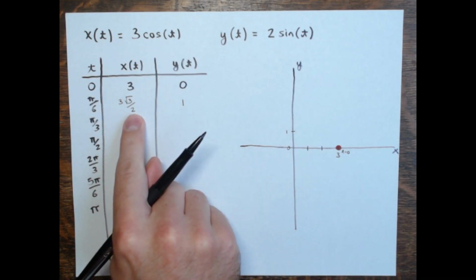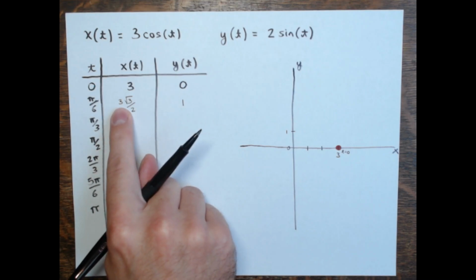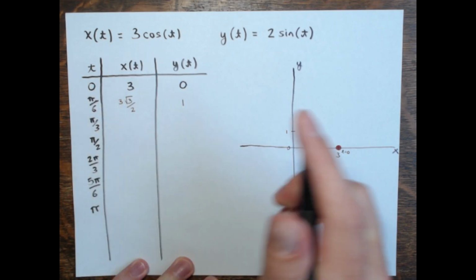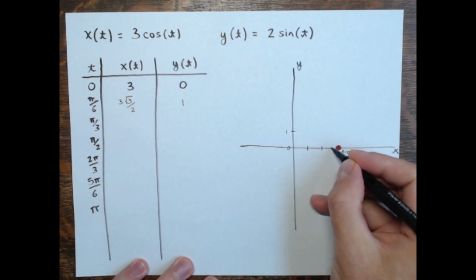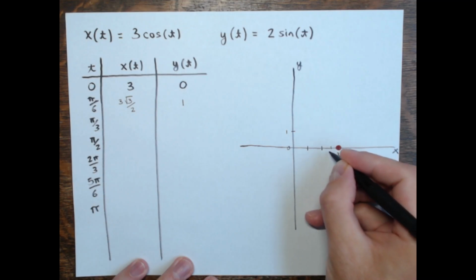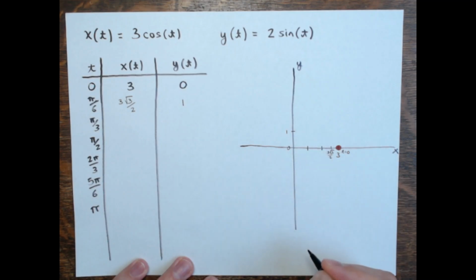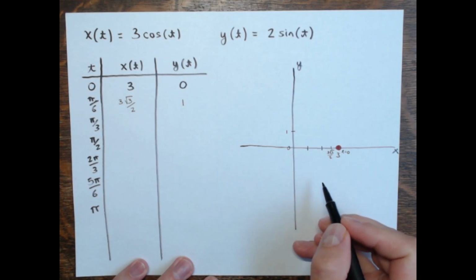Now, the square root of 3 over 2, remember that's about 0.86. And then you're tripling this, so about 2.4, 2.5. So that's somewhere in here. And again, my handwriting is not going to be the greatest, but 3 times the square root of 3 over 2 is something between 2.5 and 3.